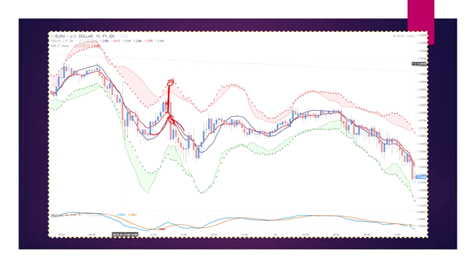We want to wait for this orange to break above the blue, so that happened here. So we can look for the short there while using the previous high. So this is our stop loss, and 1.5 times this distance would be what? Would be our take profit.